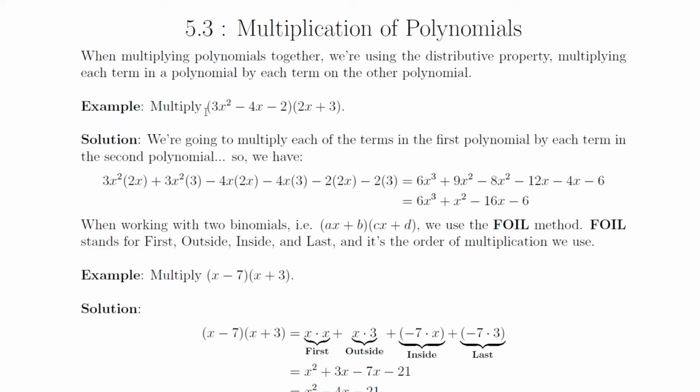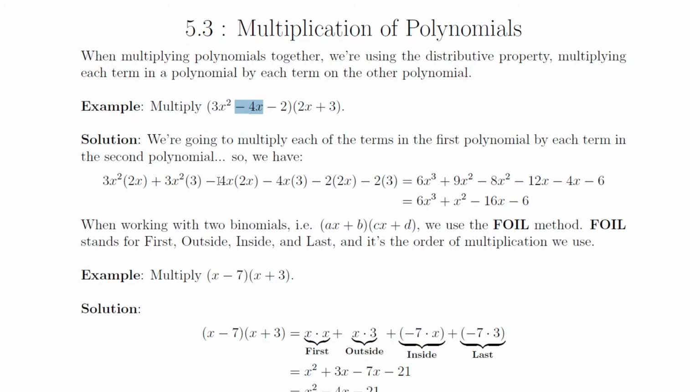So let's first start with 3x squared. We multiply it by 2x. We're going to go back to that 3x squared and then multiply it by the second term in that second piece, which is 3. Once we've done all of the combinations of 3x squared, we move on to minus 4x.